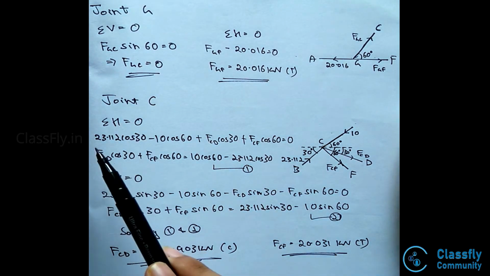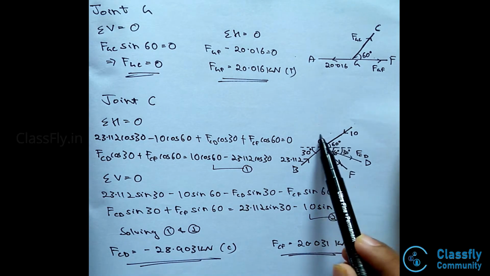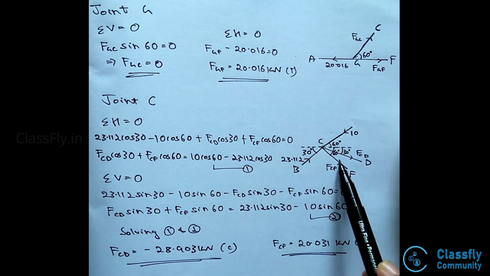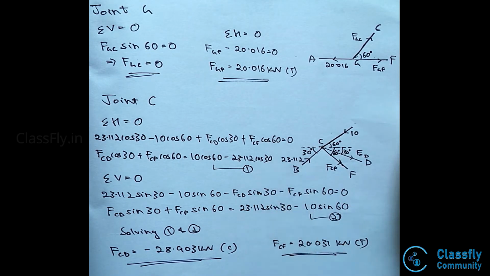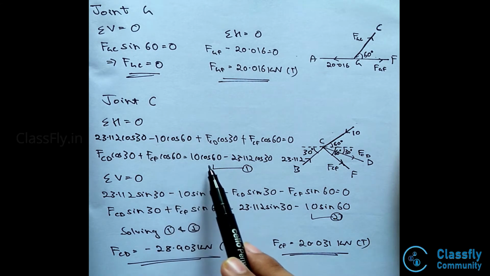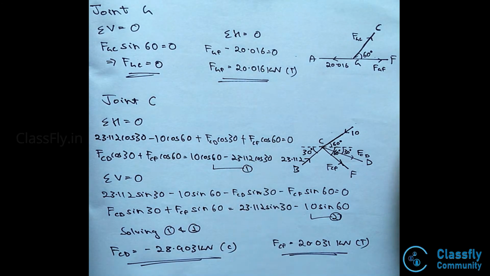We get 23.112 cos 30 minus 10 cos 60 plus FCD cos 30 plus FCF cos 60 to be equal to 0. Hence, we get FCD cos 30 plus FCF cos 60 to be equal to 10 cos 60 minus 23.112 cos 30. Name this equation as 1.